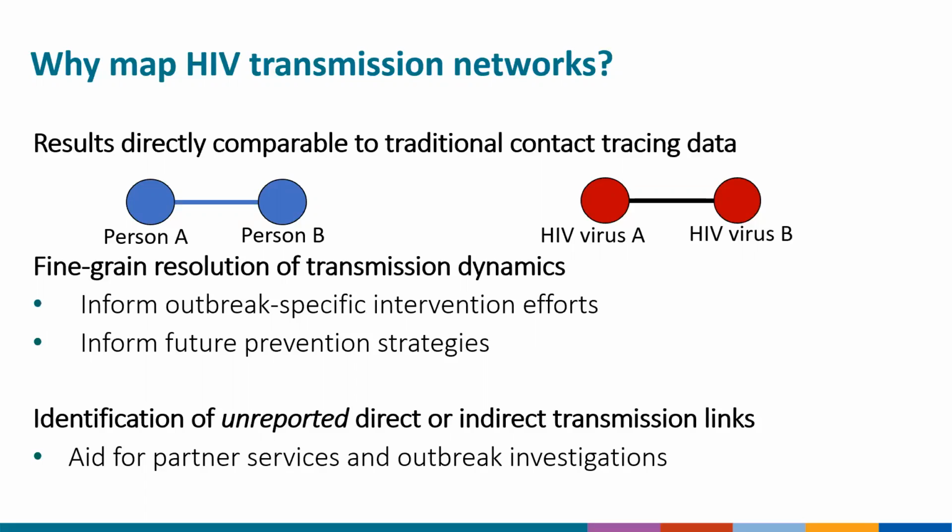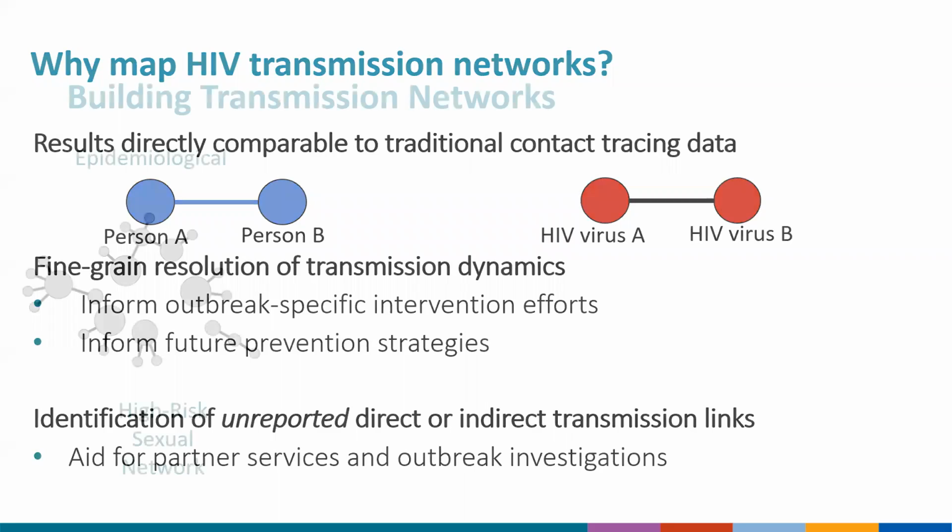They also allow us to identify links between cases when people don't tell us anything. So we can look at sequences and say, hey, these 2 sequences are identical. They're very, very similar to one another, but we don't have any behavioral link between the 2. Let's try and fill in the gap here by stitching these 2 bits of information together.